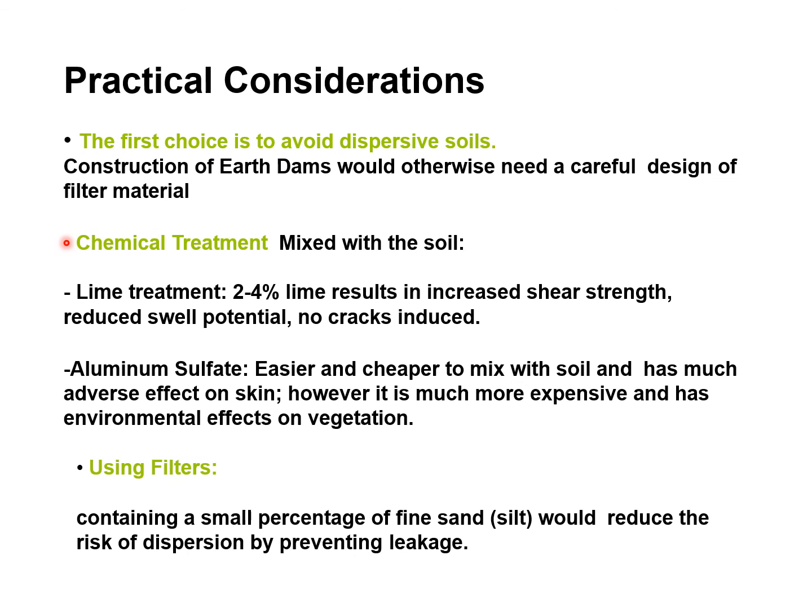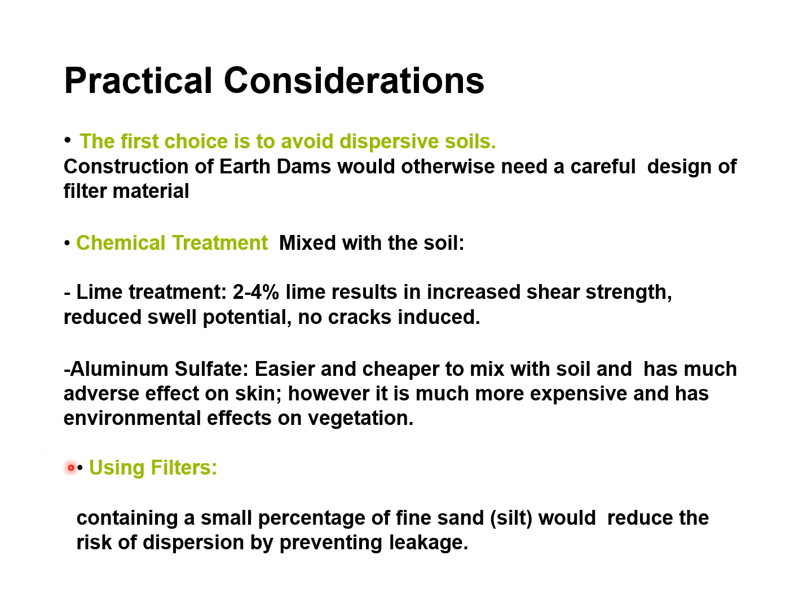Lime treatment, 2 to 4% lime results in increased shear strength, reduced swell potential, no cracks induced. Aluminum sulfate is easier and cheaper to mix with soil and has much adverse effect on skin. However, it is much more expensive and has environmental effects on vegetation.